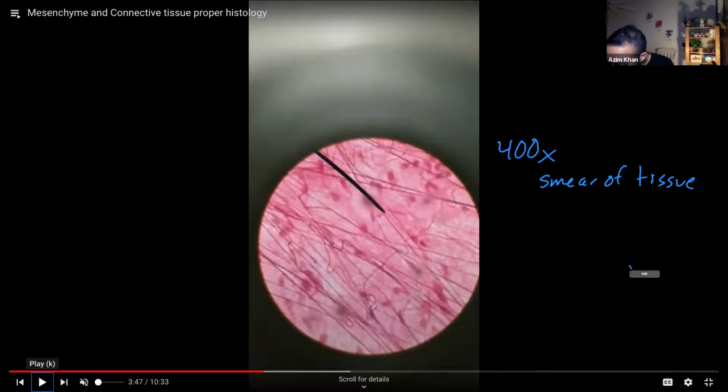If you look at this fiber right here, look at how wavy it is. That's elastic fiber. Look at the darker, broader fibers in the background. They're these dark, broad pink ones. That's collagen.